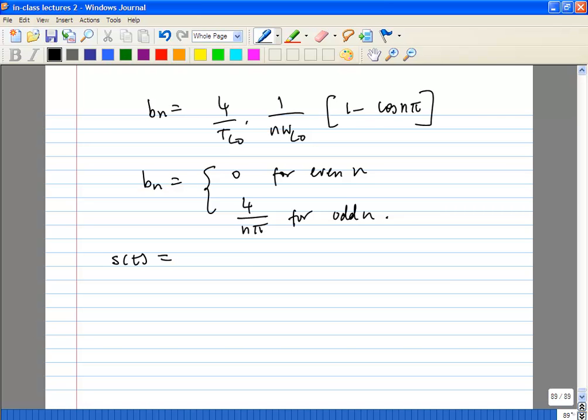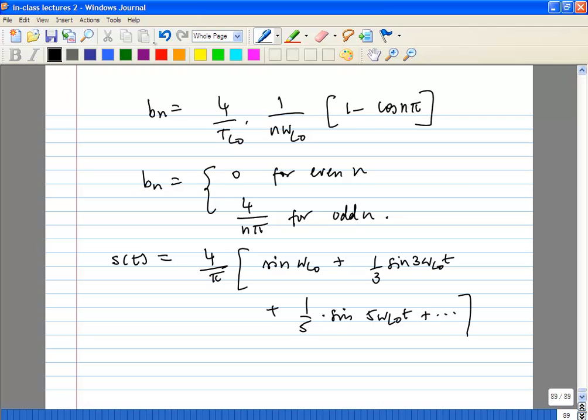So what does it mean for S of t? You can write it as, okay, so you're going to have the odd terms and the magnitude of the odd terms keeps going down as 1 over n.